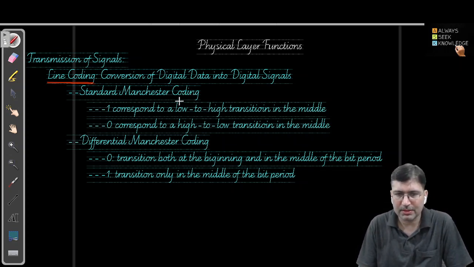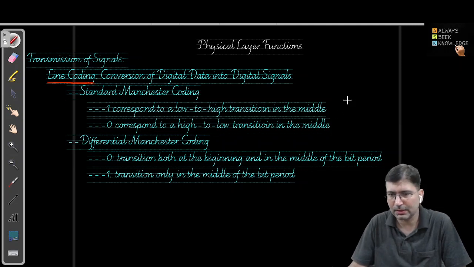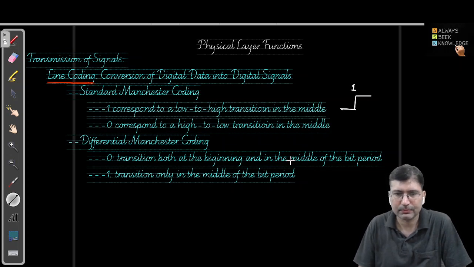In standard Manchester coding, if we want to represent 1, it corresponds to a low to high transition in the middle. I guess I have discussed this in the class earlier. So if there is a transition from low level to high like this, it will be represented as 1. 0 corresponds to a high to low transition.